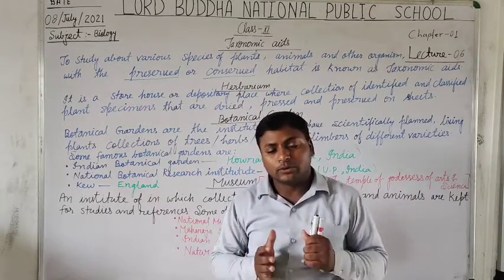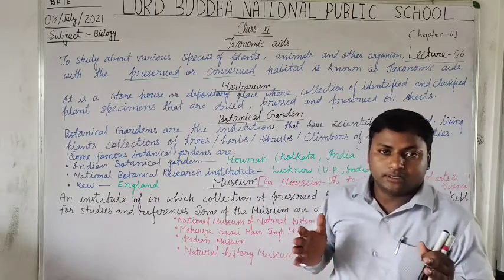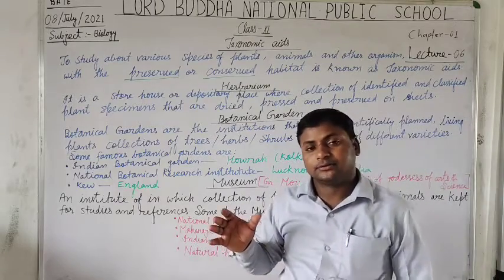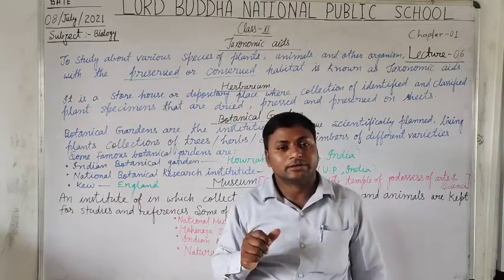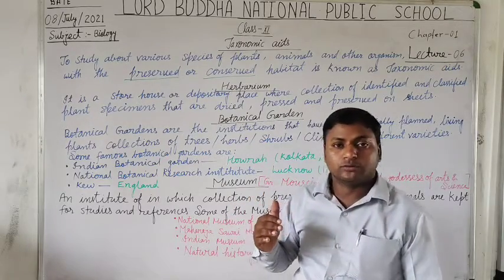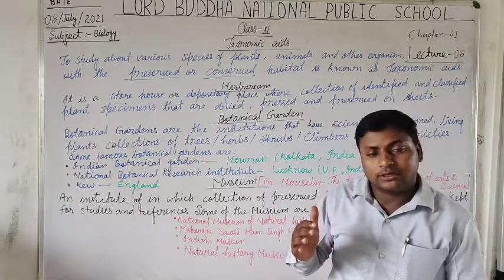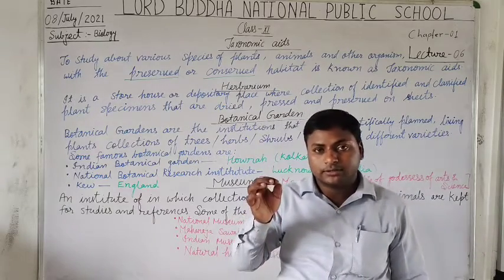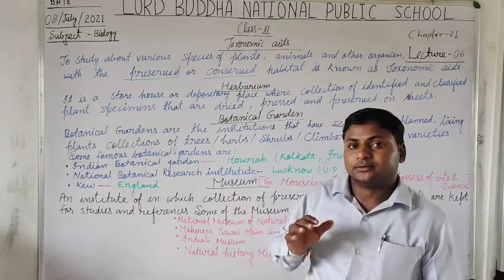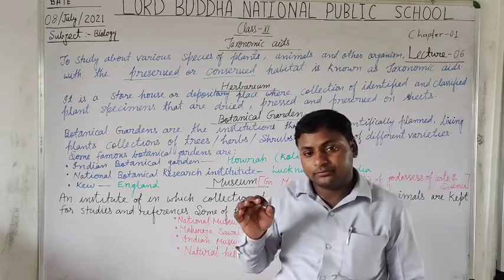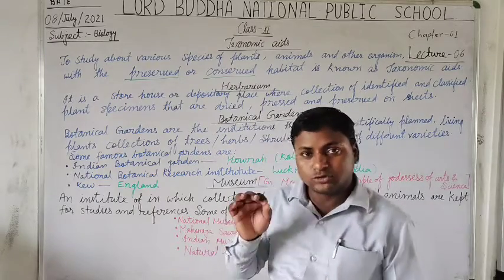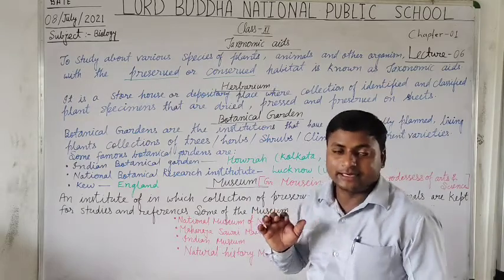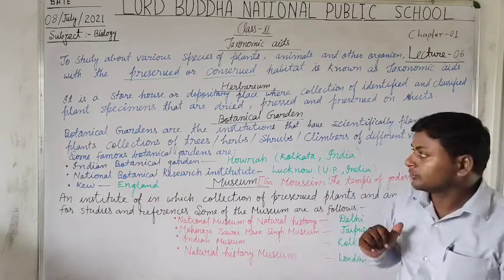Students, not only do we keep these specimens in preserved form, but the botanical name of the plants and many more related identified characteristics are also mentioned in such record books.